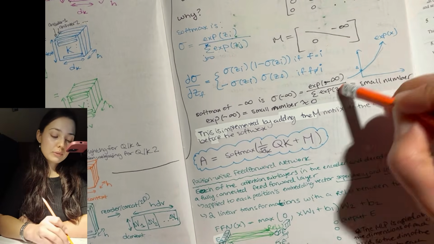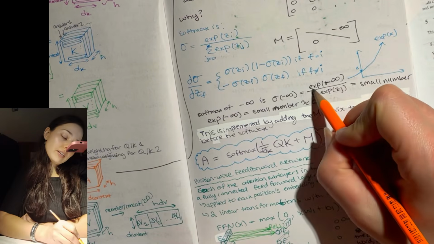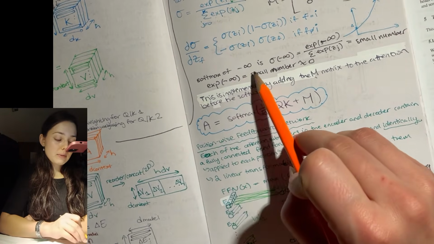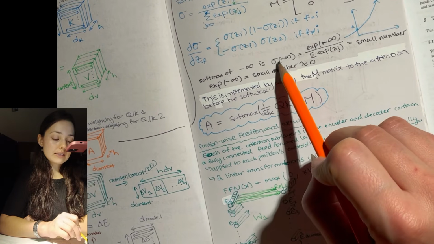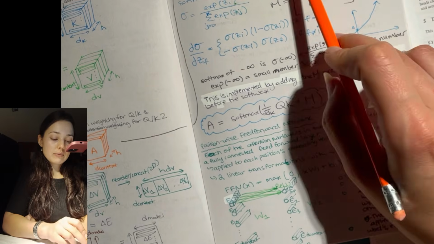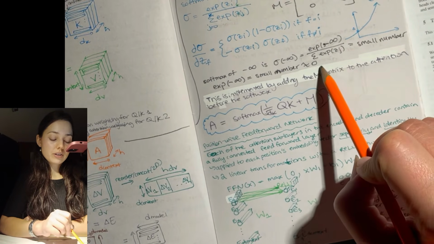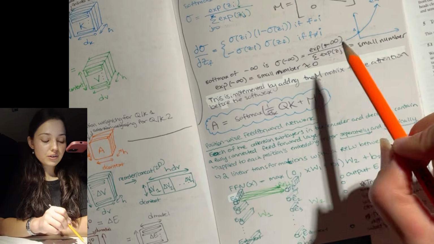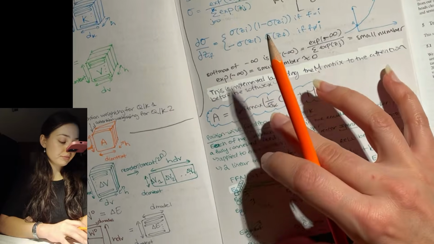It explodes with larger numbers, but at smaller numbers, somewhere here, it just approaches 0. So the softmax of negative infinity is the exponent of negative infinity over the sum across the entire row. The numerator is going to be 0, and in the denominator there's going to be at least one value that's not 0, so it'll be around 0 for that value.